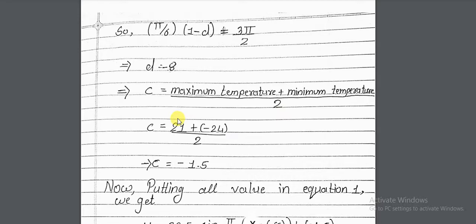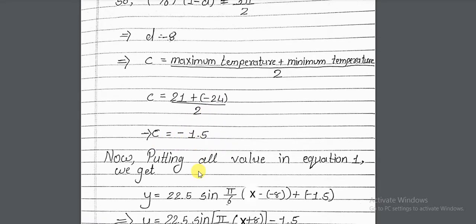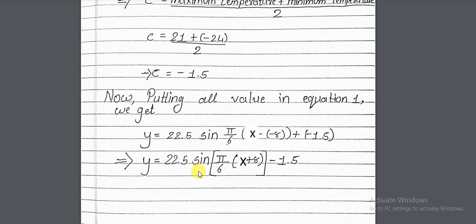The maximum temperature we already know is 21 and the minimum is -24. Divided by 2, we get c equal to -1.5. Now putting in all values of a, c, k and d, we get our trigonometric equation, which is y = 22.5 sin(π/6 (x + 8)) - 1.5.